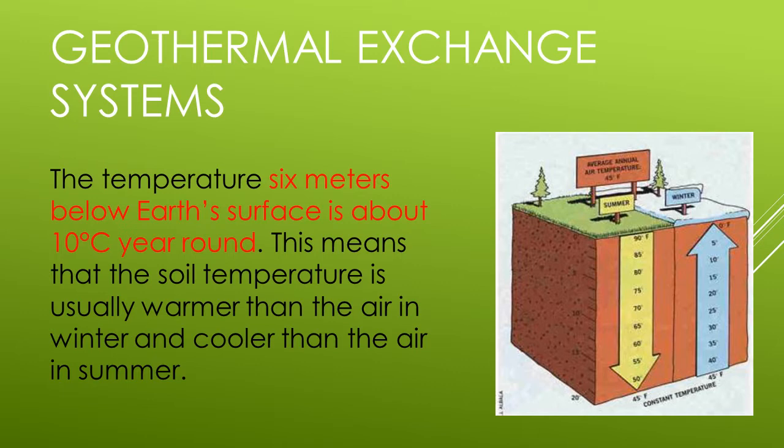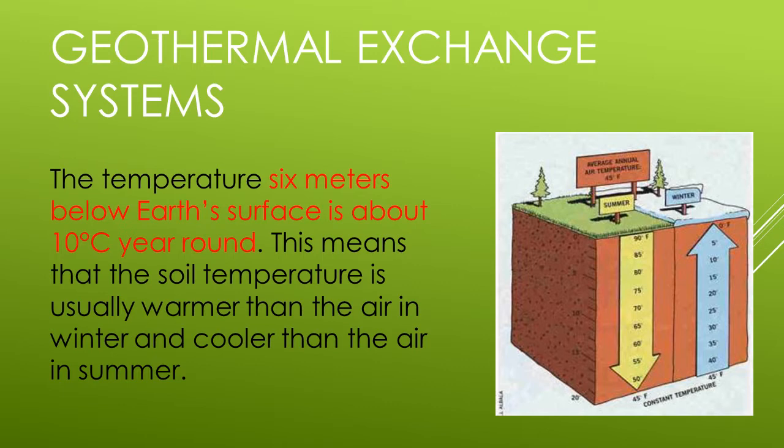What is unique about the Earth is that the temperature about 6 meters below Earth's surface is approximately 10 degrees Celsius year-round. So if we go 6 meters below Earth's surface, it's going to be about 10 degrees Celsius all the time.